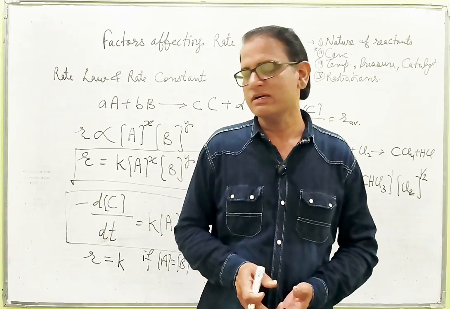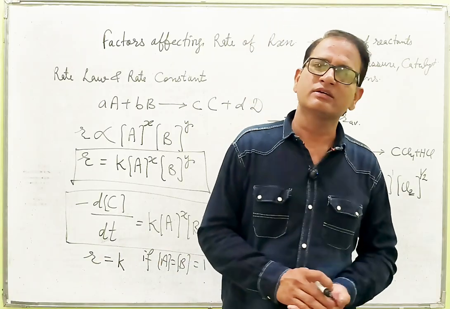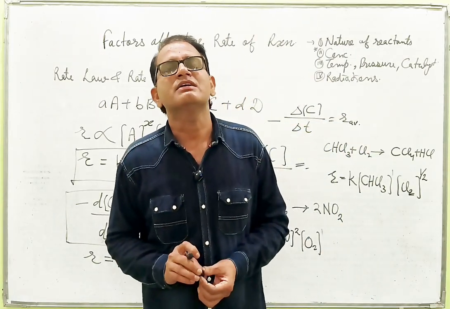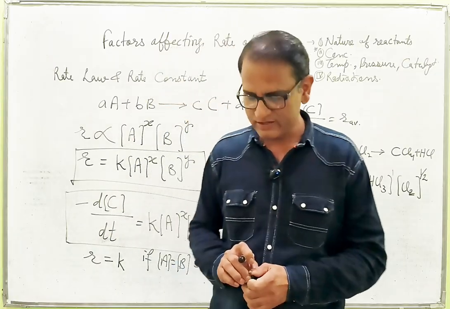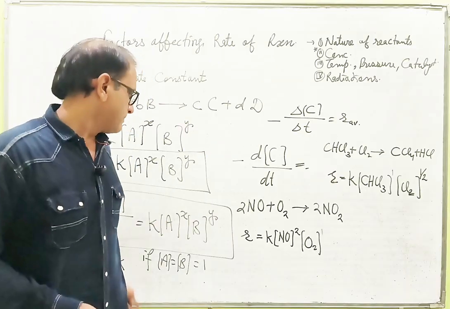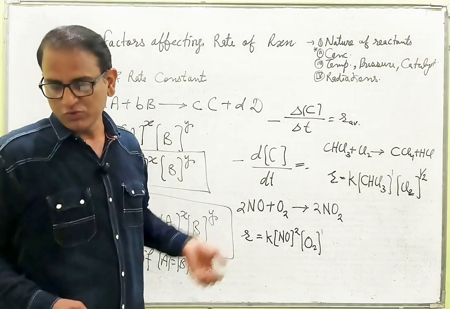If we take 1 mole of A and 1 mole of B, then the rate of reaction will be equal to K.